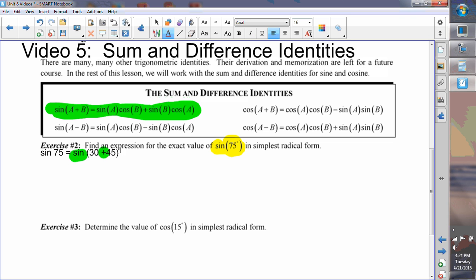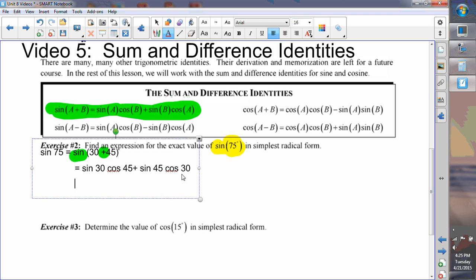So the next thing you have to think about is that you can replace your original left side, the sine of 30 plus 45, with the right side. And what that would look like is the sine of 30 times the cosine of the second angle, which would be the cosine of 45, plus the sine of 45 times the cosine of 30. And that's just from plugging in A being the 30 and B being 45. So I plugged it into here.